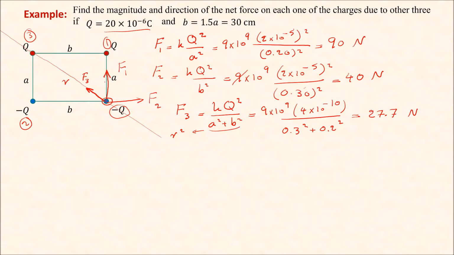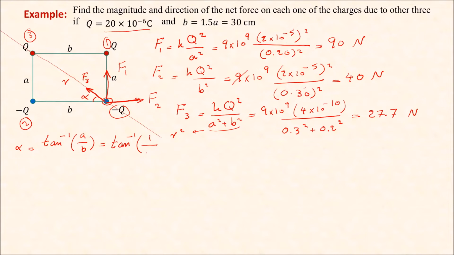F1 is in the Y direction, F2 is in the X direction, but F3 has an angle. Let's call it alpha. I don't call it theta because I want to reserve theta for the net force, okay? So what is alpha? We can use tan inverse of A over B, or tan inverse of 1 over 1.5, since B is 1.5A.